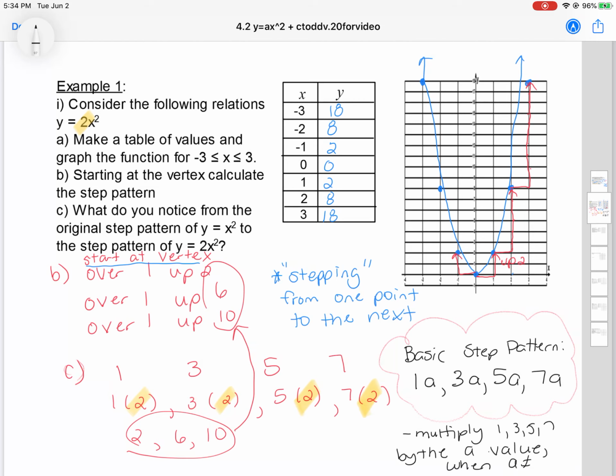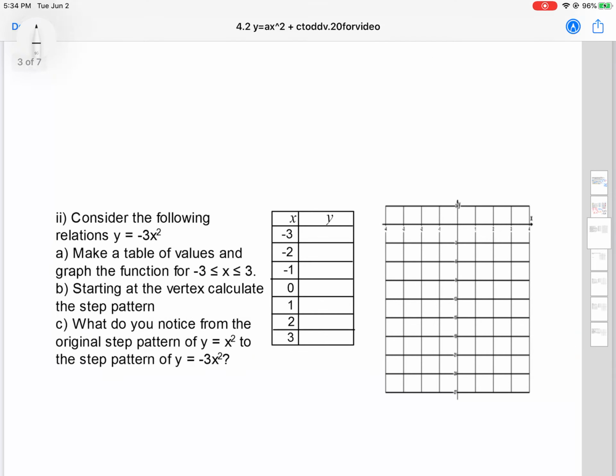When A is not equal to 1, then you multiply the A value by 1, 3, 5, and 7. So that can help you to draw a parabola without making a table of values.